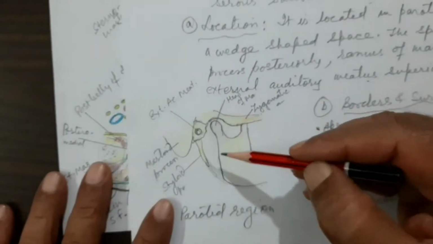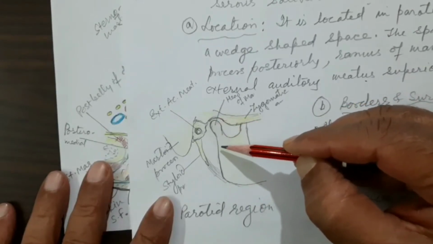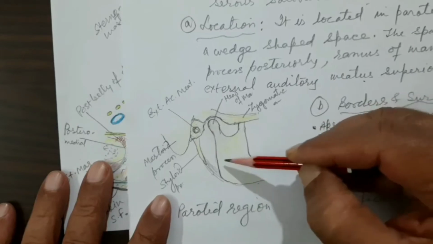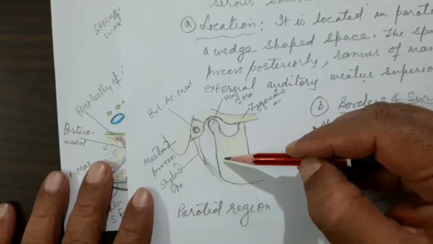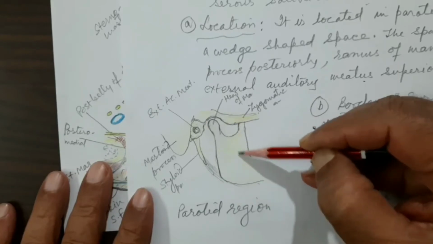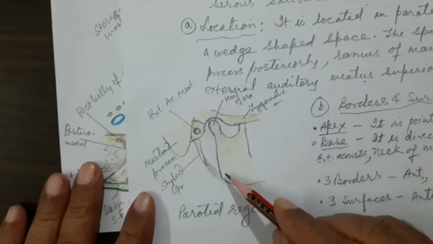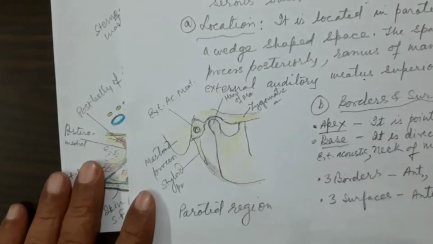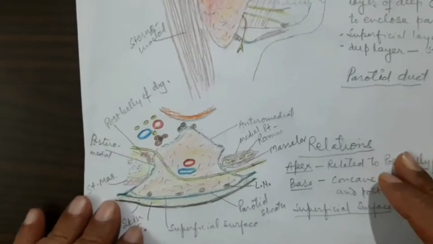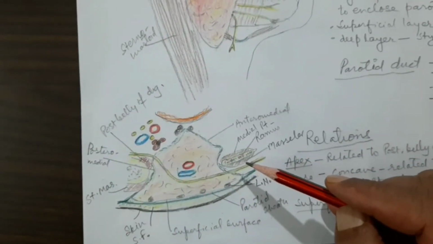So we are talking about the anteromedial surface: the TM joint, then the masseter attached to the ramus, and the posterior border of the ramus. They are all in relation, and the muscle is masseter here, and on the medial aspect it will be the medial pterygoid muscle here, just deep to it. They are also relations of the anteromedial surface. These are the relations of the anteromedial surface.